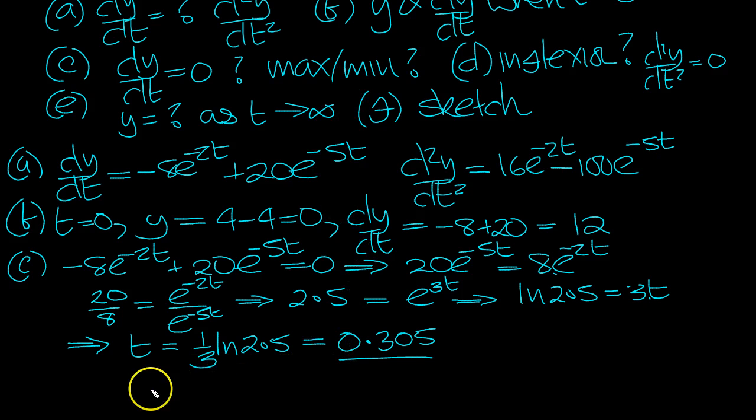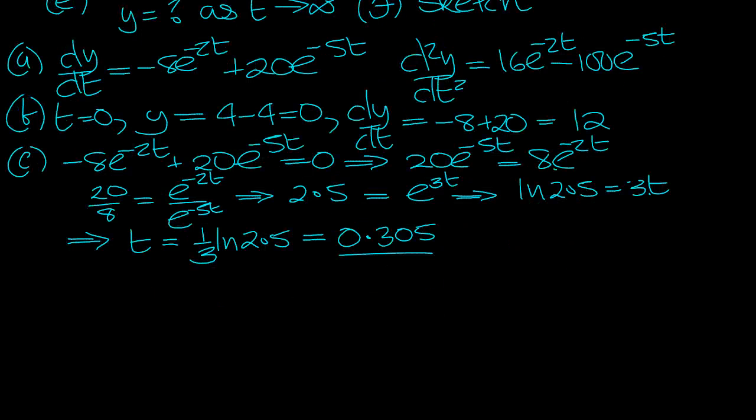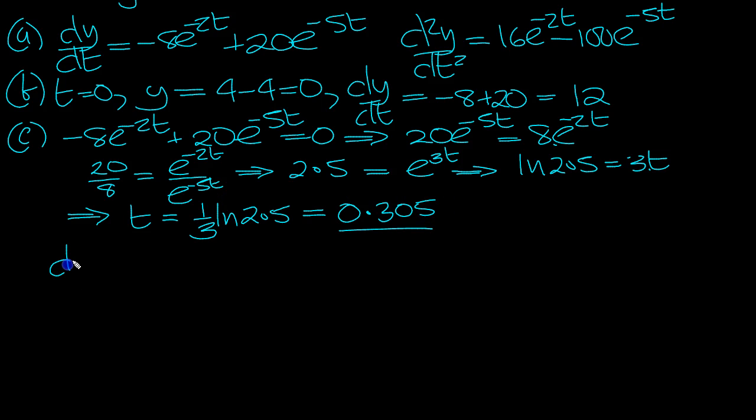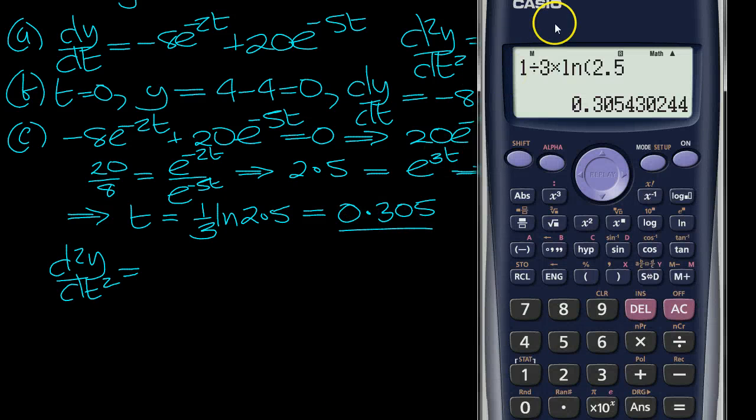Okay, so we need to put this value into the second derivative, and we'll also need the coordinate, won't we? So let's get the second derivative first. d²y/dt² then is equal to 16, and put this value in here. So I'm just going to type that in the calculator.